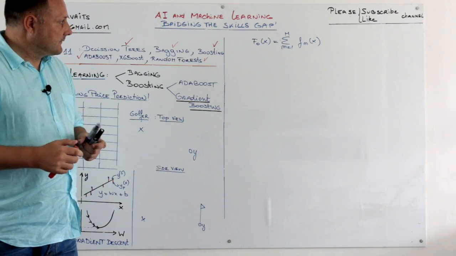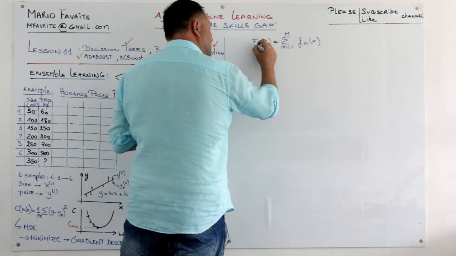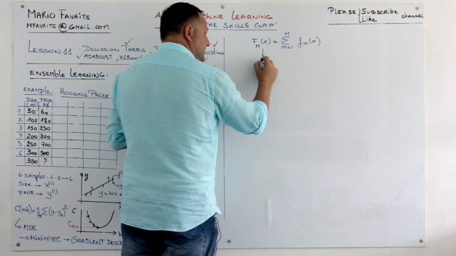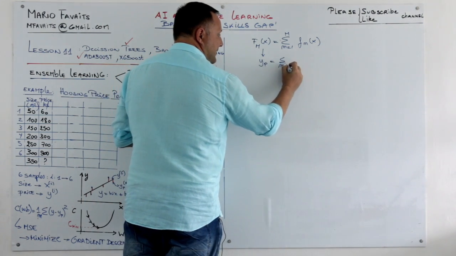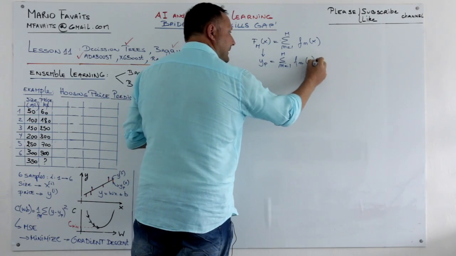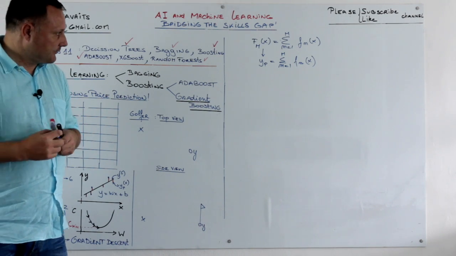Sorry, this here will be an M. F is our target function. In our case, this would be y predict. So y predict is the sum from m equals 1 to M of fm of x. This will be our predicted value.